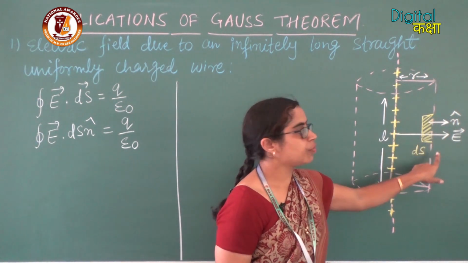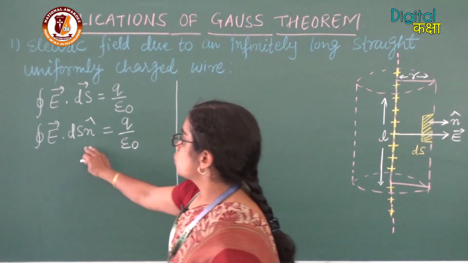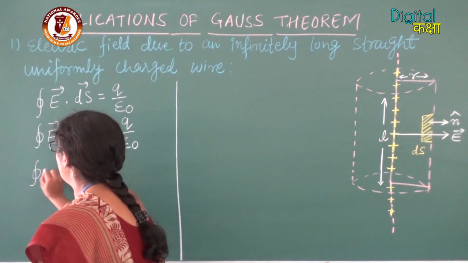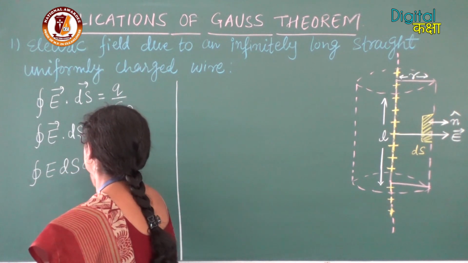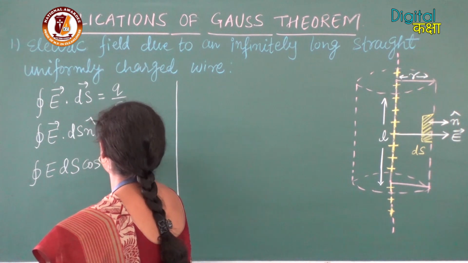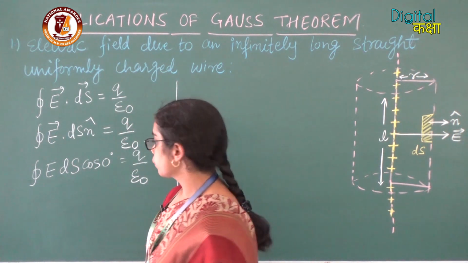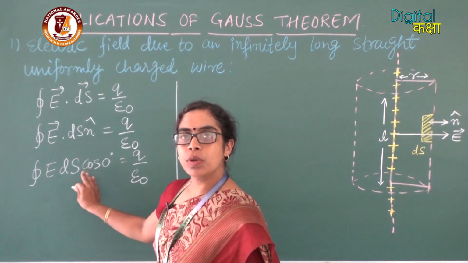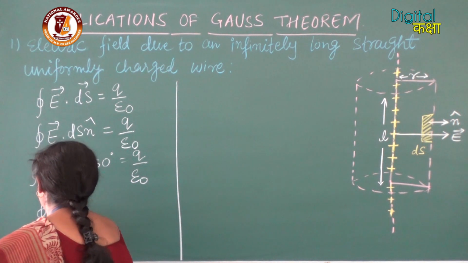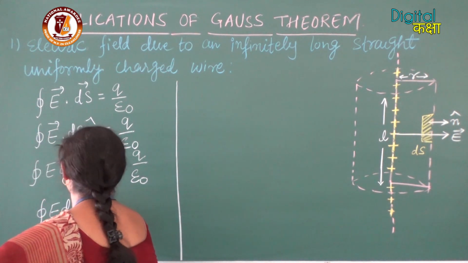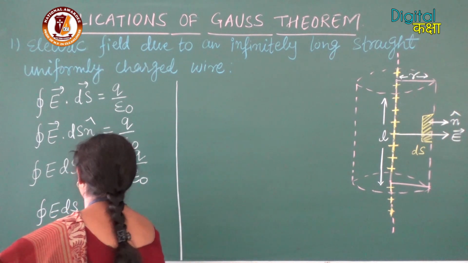So the angle between these two vectors is 0 degrees. So now it can be written as E ds cos 0 is equal to q upon epsilon naught. We know that cos 0 degrees is equal to 1. So we have E ds is equal to q upon epsilon naught.